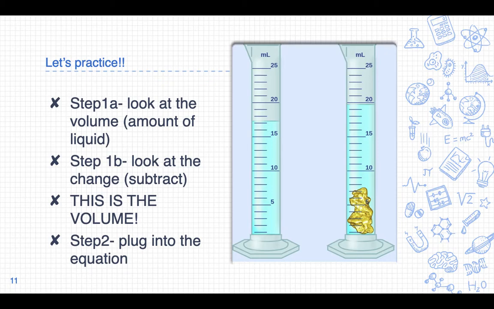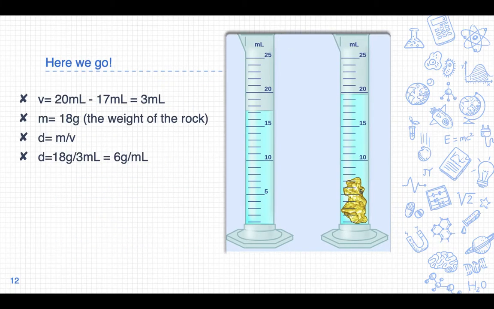So on your notes, next to the V, you would write 3 ml, and that's going to be our volume. Then I show you here what I did: 20 minus 17 gives me 3 milliliters. The mass of the rock that they gave me is 18 grams. So then my equation is the mass divided by volume, which would be 18 divided by 3, and that gives me 5. Nope, 6. I can math.